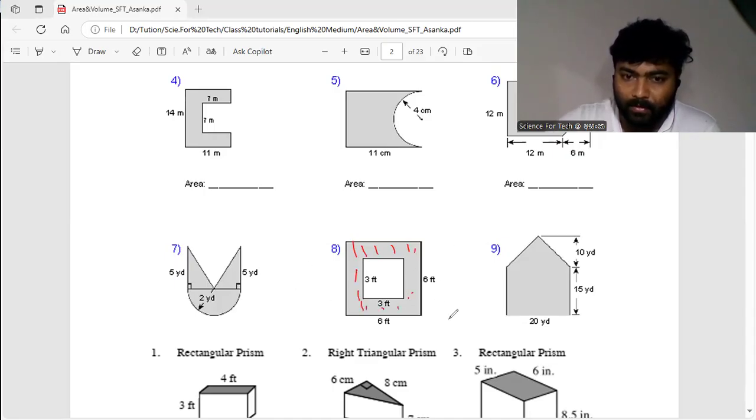In here, units are given in feet. So don't be confused, that is okay. However, you have to find this darkened area. And first of all, you have to draw this one and try the quiz. It's simple.